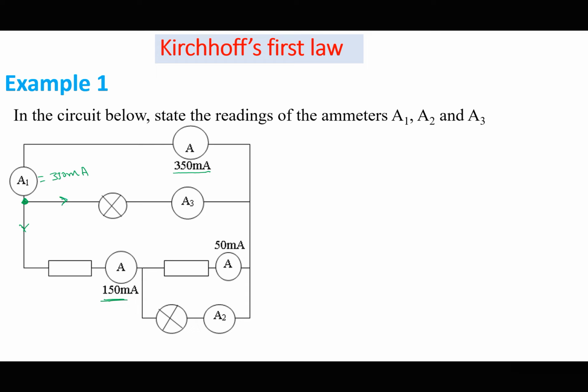So when I get this current plus 150 milliamperes, I should get 350, because 350 is entering the junction. Let me call this current A3. So A3 plus 150 should give me 350. That is in accordance with Kirchhoff's first law.